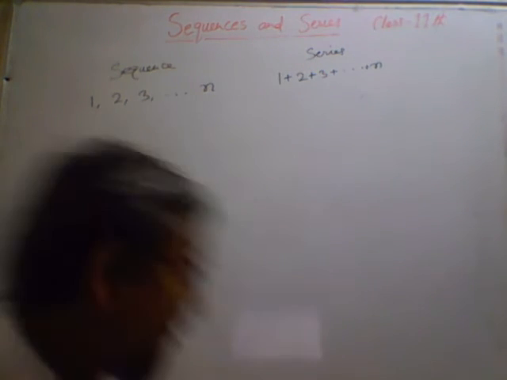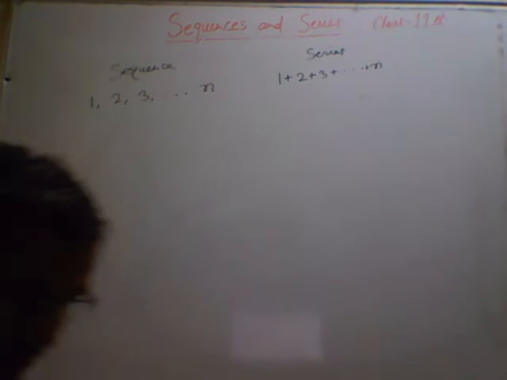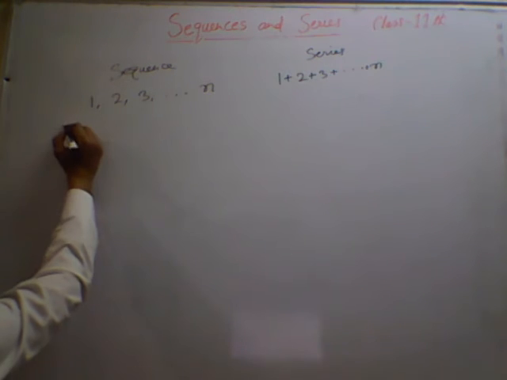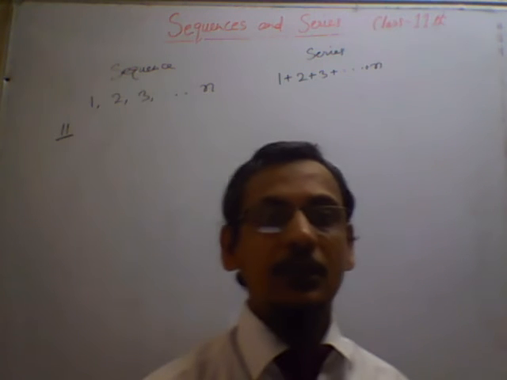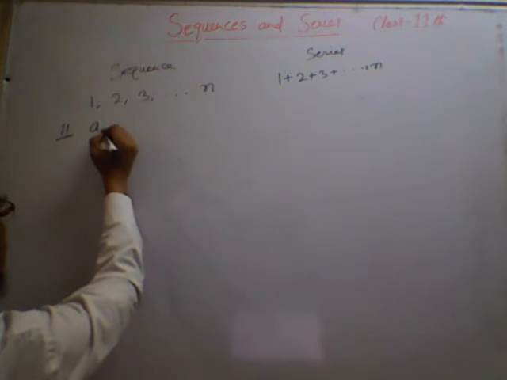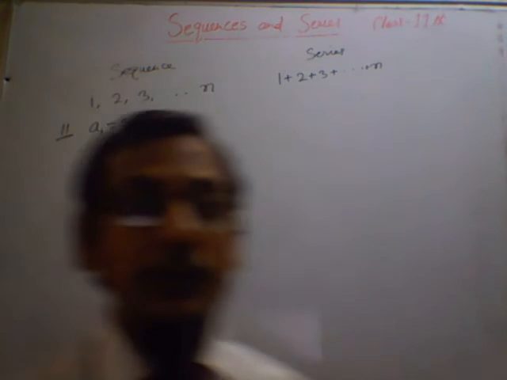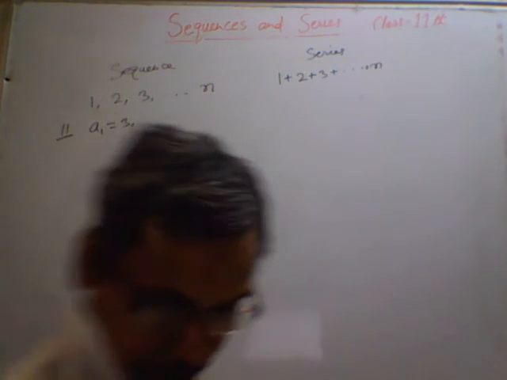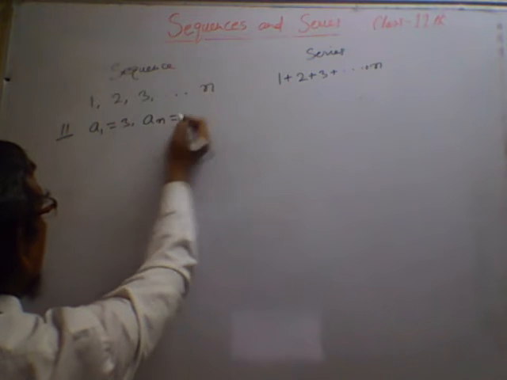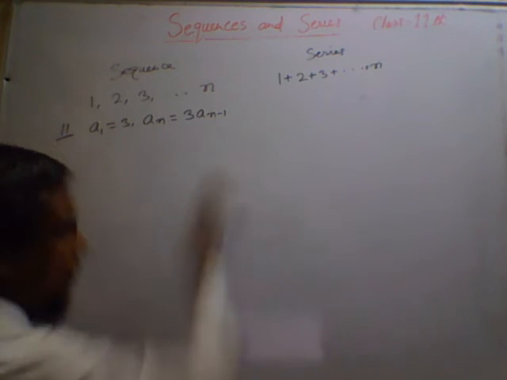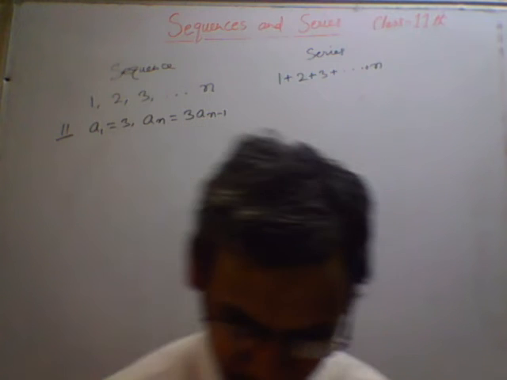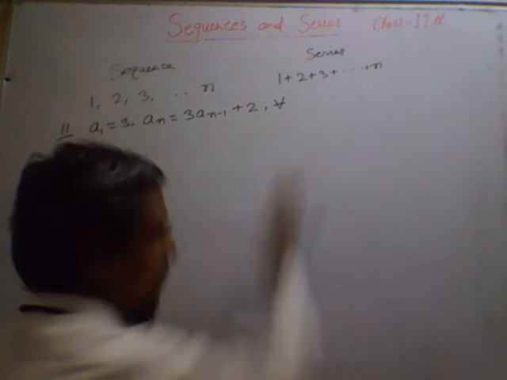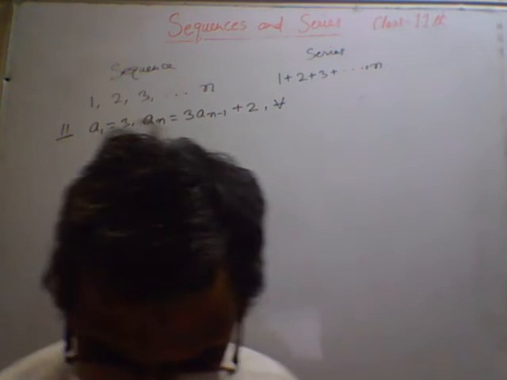Now I will write question number 11. A1 equals 3 and an equals 3an minus 1 plus 2 for all n greater than 1.